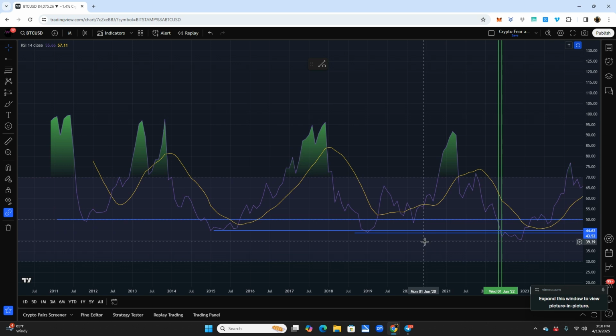So that is kind of how the trends of the RSI can help you predict where the bottom is or when's the best time to buy, and then using smaller time frames to kind of plan your entry.